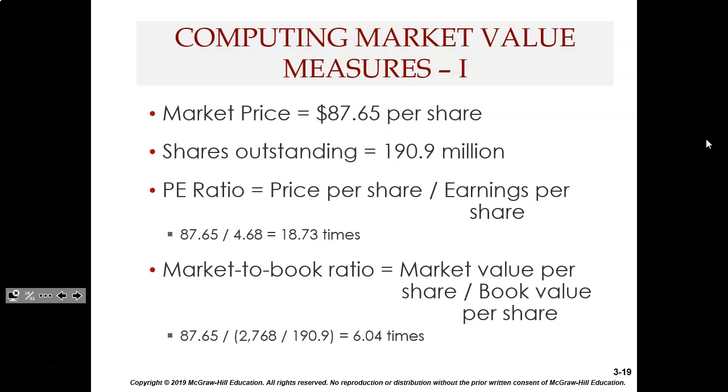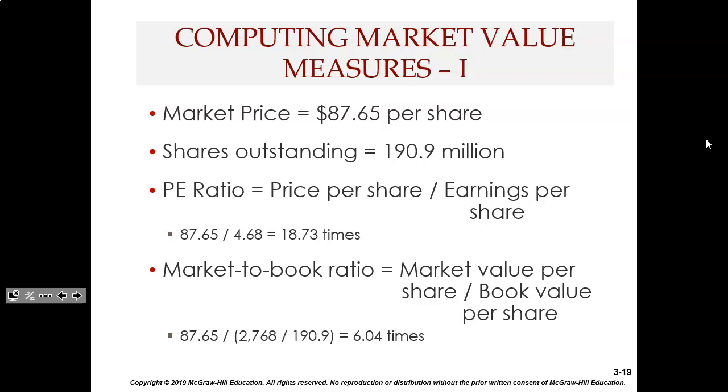Okay, so now we're going to talk about our market value ratios. You can see we have the market price of our company, the number of shares outstanding, and our PE ratio, price per share to earnings per share. Basically what we're looking at here is how much we are willing to pay for each dollar of earnings for the company.